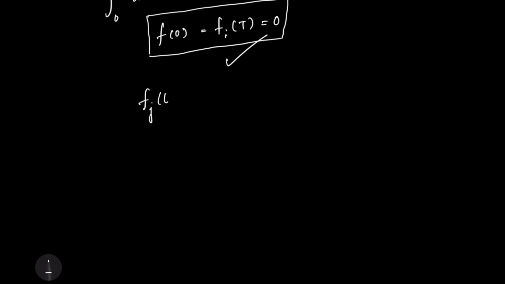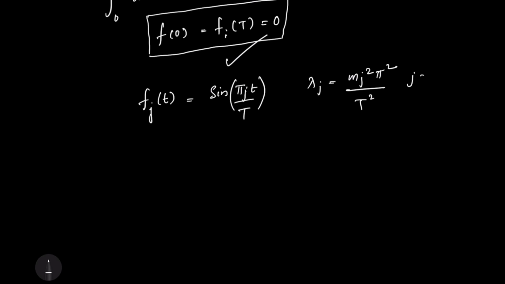The solution is f_j(t) equal to sin(pi j t / T), and the eigenvalue lambda_j is m j squared pi squared by T squared.